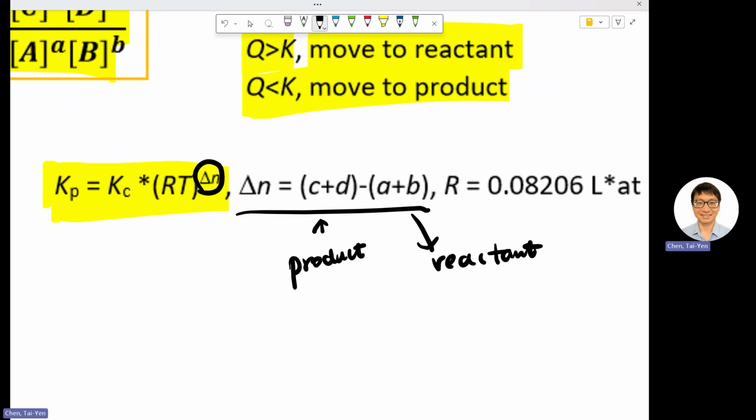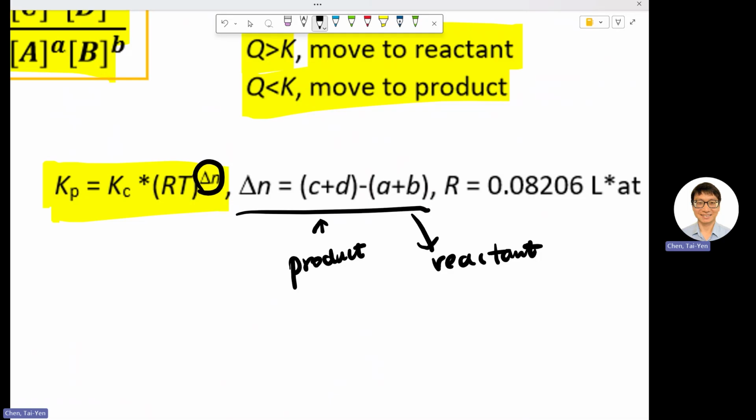So you're calculating the difference in moles of gas molecules between your reactant and product. It's the number of gas molecules on your product side, you add up all those molecules, and subtract the ones on your reactant side. That's how you convert Kp to Kc.